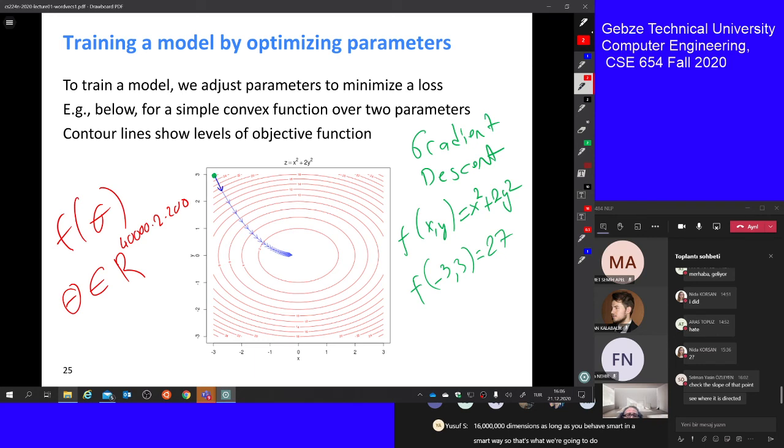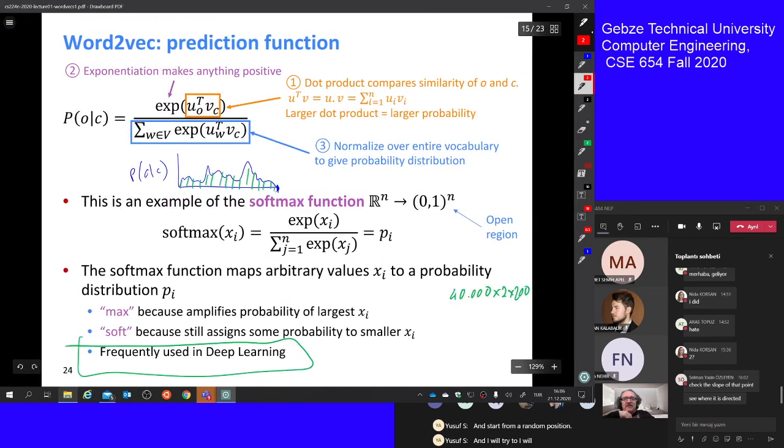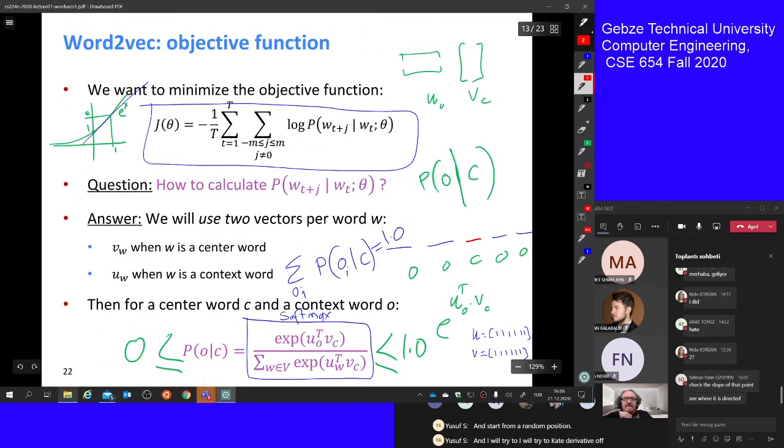We are going to take the derivative along each of these 16 million dimensions and find the direction to move in each of them. I start from a random position, take the derivative of this function with respect to those parameters, and change my parameters small by small at each step until I don't see any improvements.